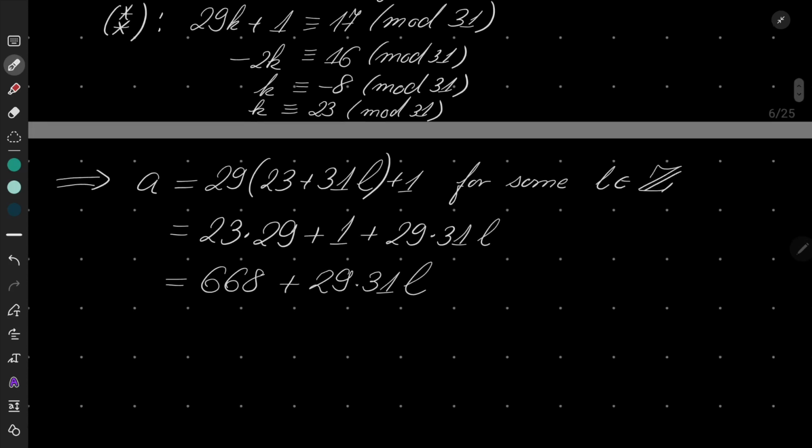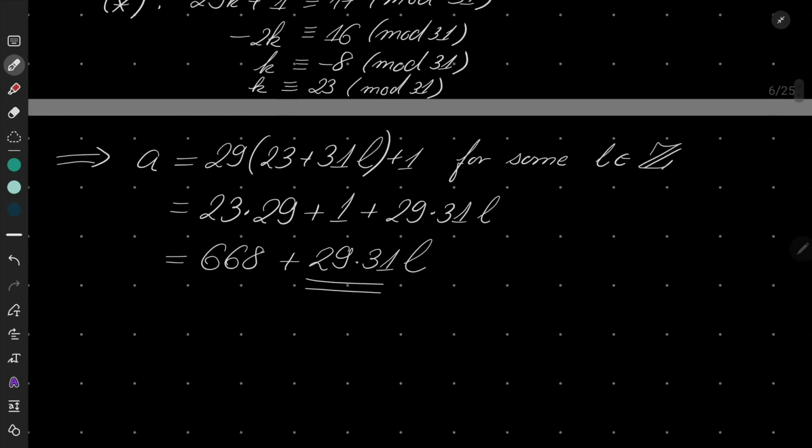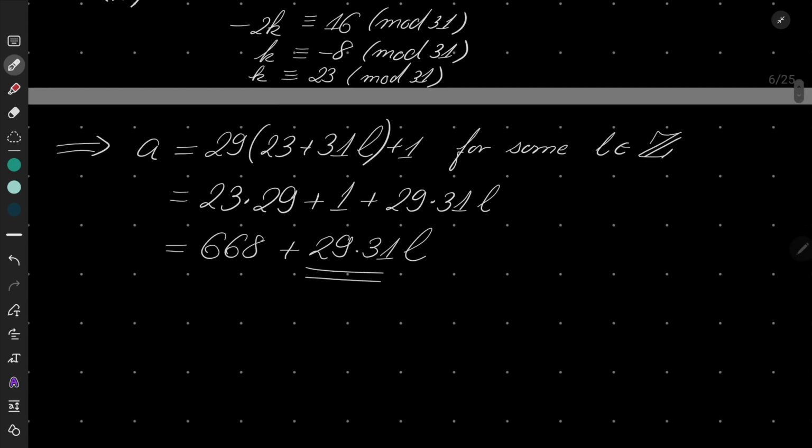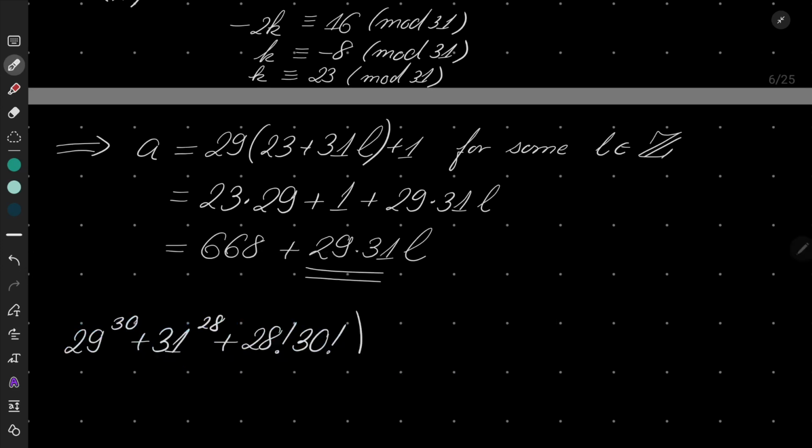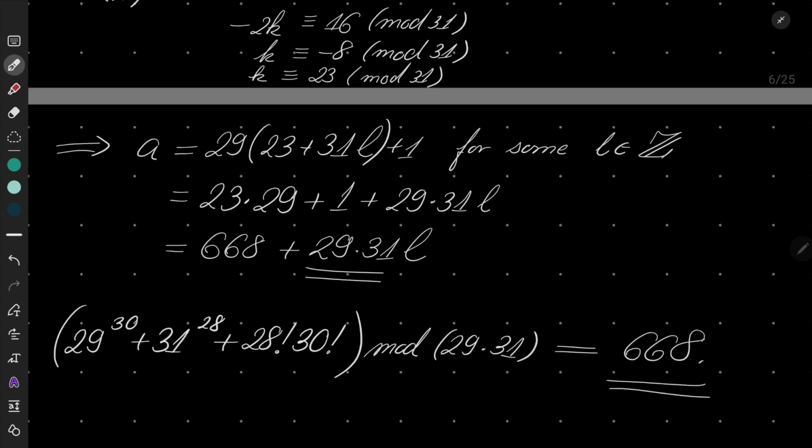And remember that we want to find the remainder upon division by 29 times 31. So this number modulo 29 times 31 equals 668. And that is our answer.